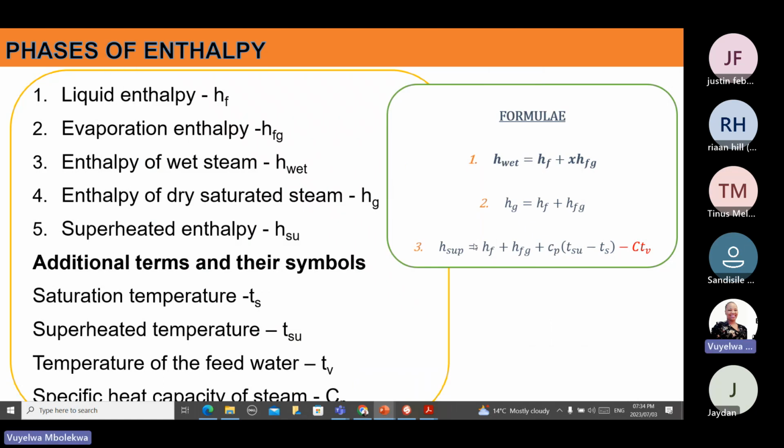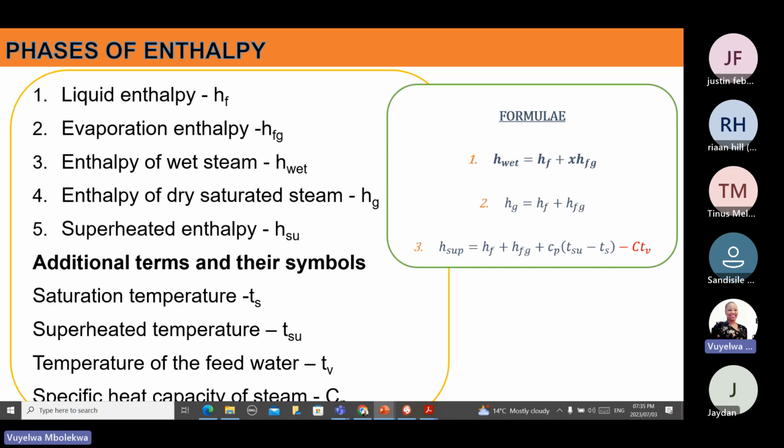So here you can just write Hg plus Cp (Tsu minus Ts). If you notice this part, this is actually mC delta T. Let me just write it down here so I can show it.